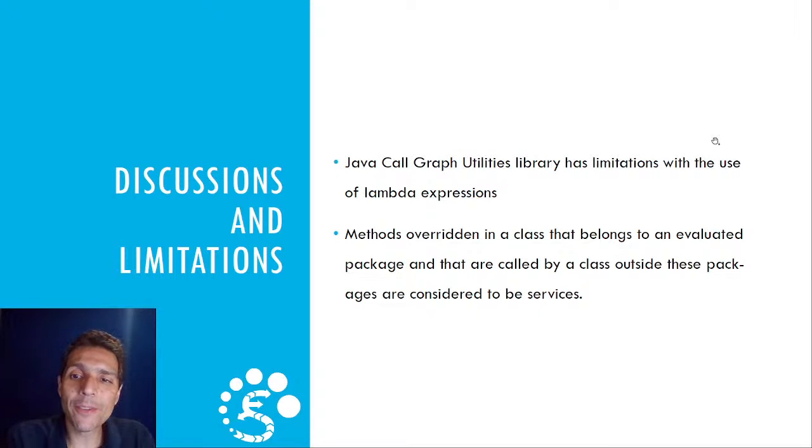The Java call graph utility library has limitations with the use of lambda expressions in Java. The projects used Java 7 and Java 8, so there was not much use of lambda expressions, but it's still a limitation. For newer versions, it's every day more common to use lambda expressions in generics programming and so on.